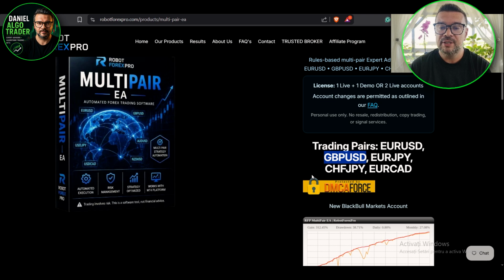So I had to make the really painful decision of cutting over 60% of my profit by taking these 2 pairs out of my portfolio and only trading on the euro Japanese yen, Swiss franc Japanese yen, and the euro Canadian dollar, which produce less profit but much lower risk for drawdown or a stop loss.